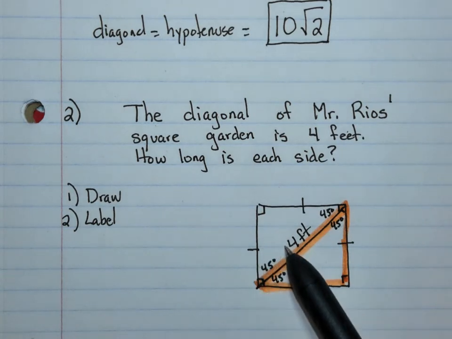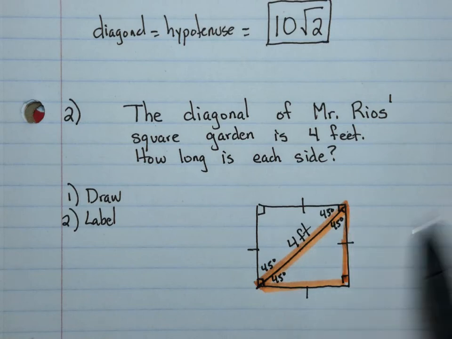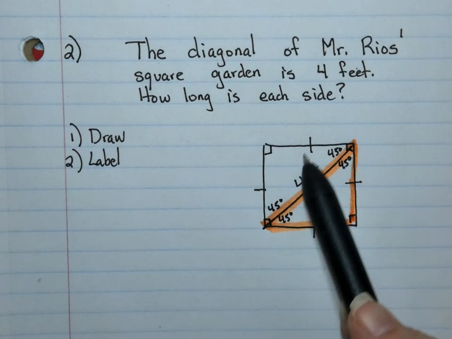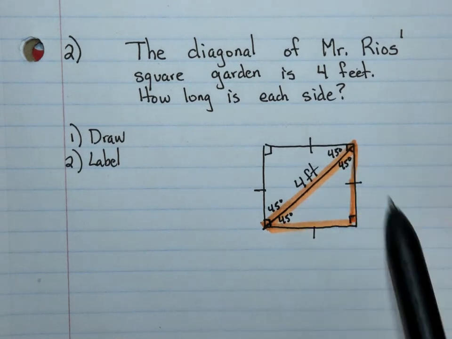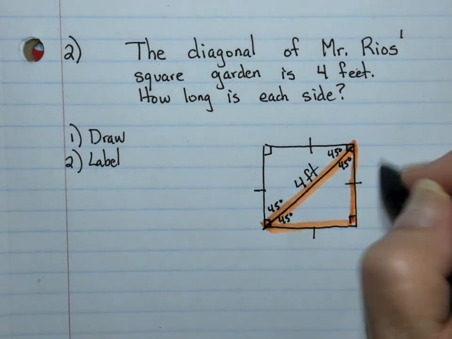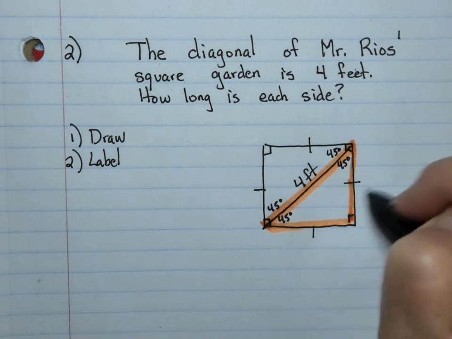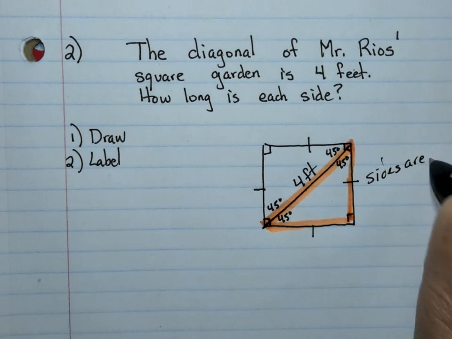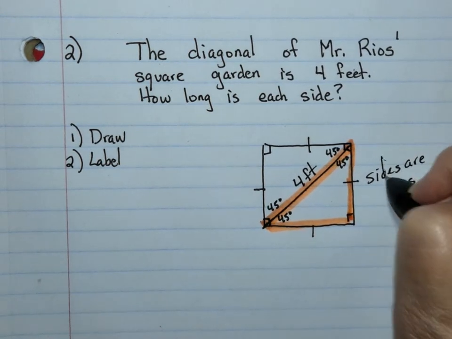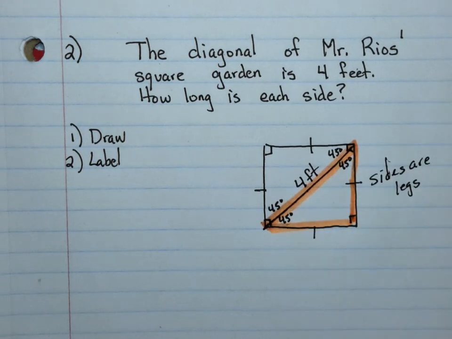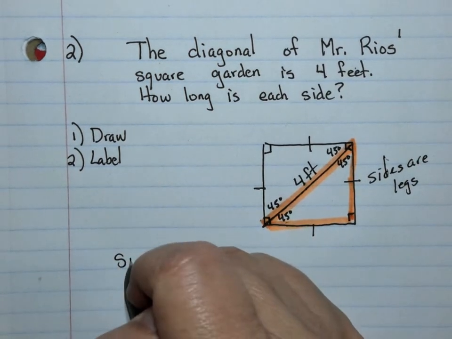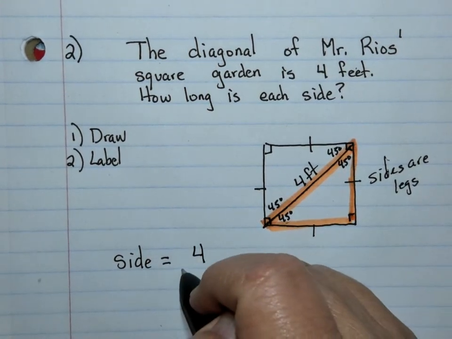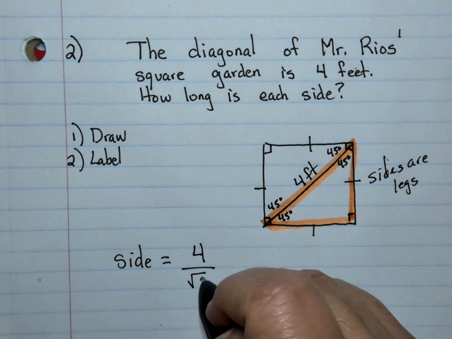But this time I know the hypotenuse and I'm trying to get to the leg. So if you remember from yesterday, when you have the hypotenuse and you're going to the leg, you divide by the square root of 2. So the sides of the square are the legs of the triangle. And so a side is going to be equal to 4 divided by the square root of 2.